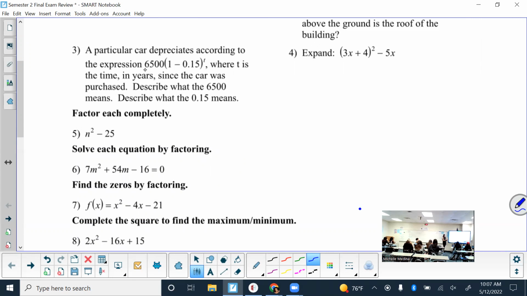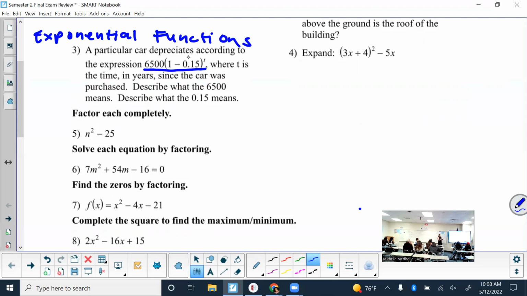Do you guys remember what unit these types of equations were from? Like the very first one we did this semester. Those are our exponential functions. All right, so these equations, and it was something like this.